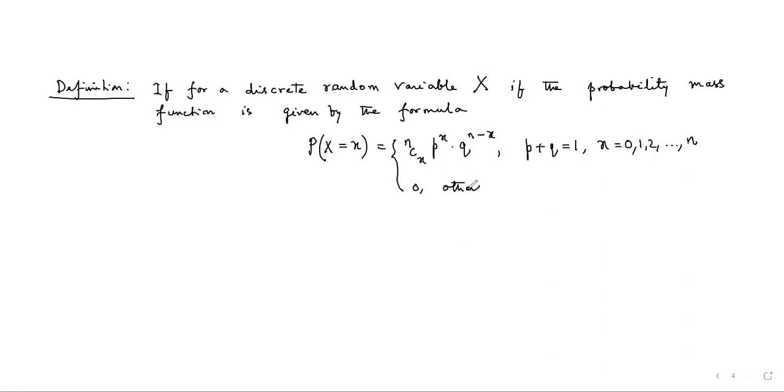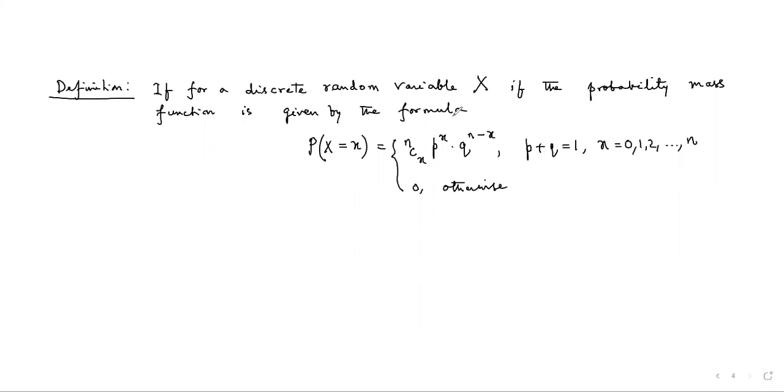That means whenever we write 0 otherwise, it means that if small x is taking value 0, it is not taking any other value. If small x is taking value n, it is not taking any other value. If it is taking n, then all values have been considered.